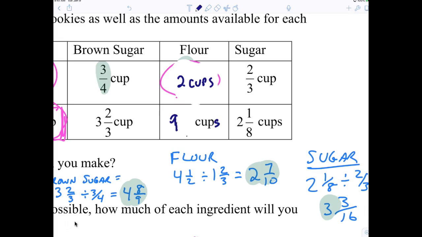How many batches could I make? And how much would I have left? See how easy that was for your brain to do? So that's what you're doing with the other stuff. What you did was multiply the number of cups it took times the number of batches and then subtract it from 9.